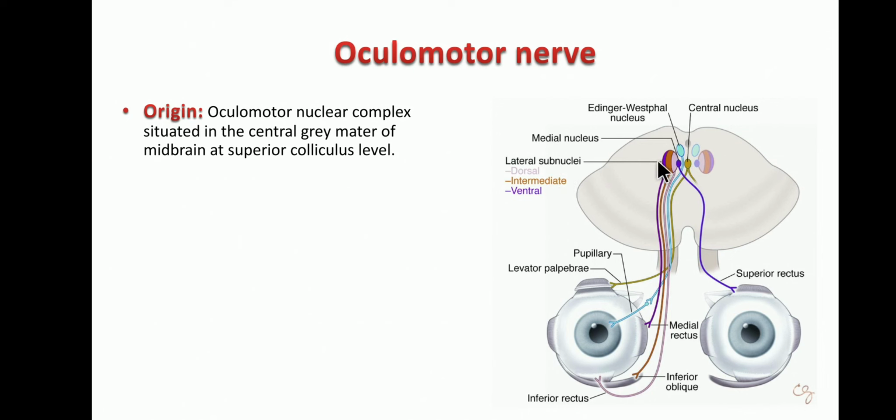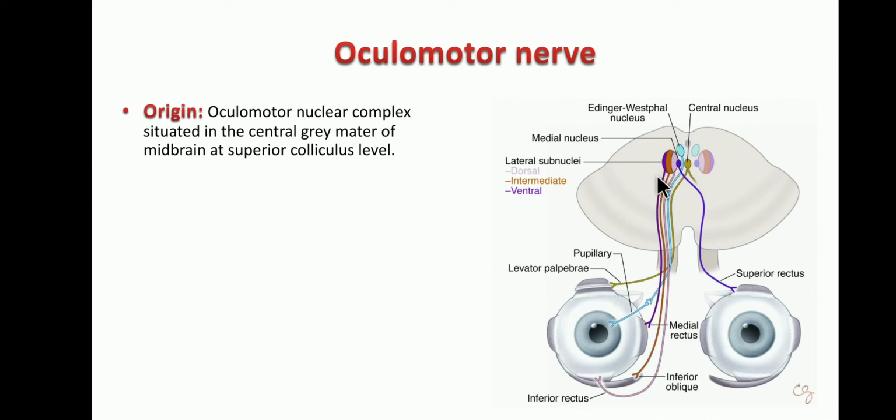So they all will be innervating separate muscles of the eyeball. I don't want to go into those details. Apart from that, you have the accessory nucleus, the Edinger-Westphal nucleus. It is this nucleus which gives fibers to the sphincter pupillae and the ciliaris muscle.